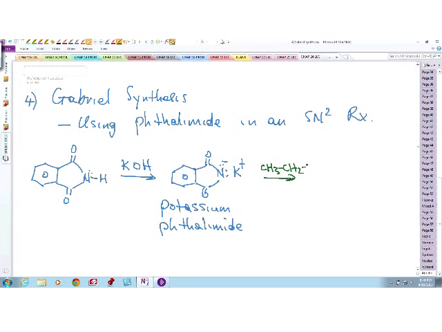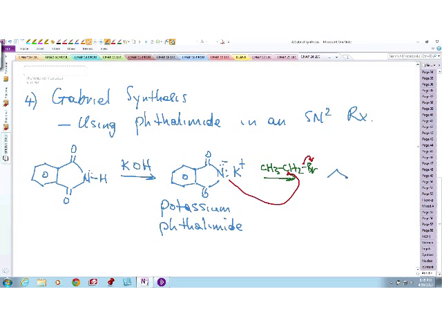So here, supposing now at this point, we have this primary substrate, ethyl bromide. At this point, we are going to get an SN2 reaction here, where this simply comes here, attacks this primary carbon, and in so doing, the bromide is going to leave as a leaving group. So what do we have?